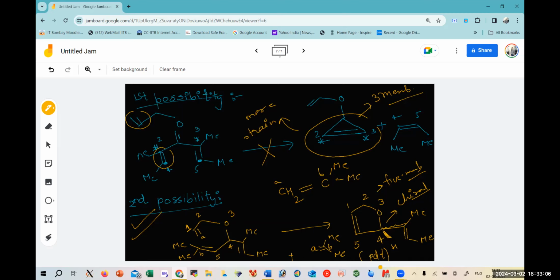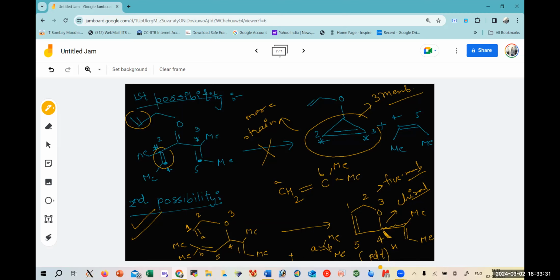The way we saw in previous reactions, comparative to macrocyclic compound formation, the five-membered is more strained. So that's why the major product would be the macrocyclic one. Similarly here, the five-membered ring followed by the alkene is more stabilized compared to the three-membered ring, and therefore we could see the chiral product.